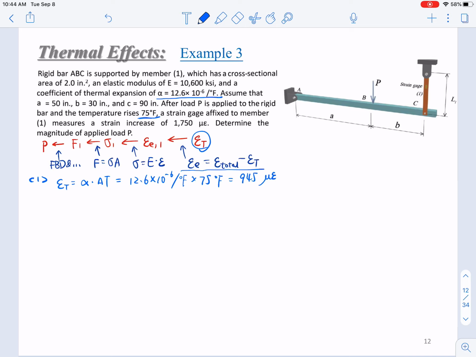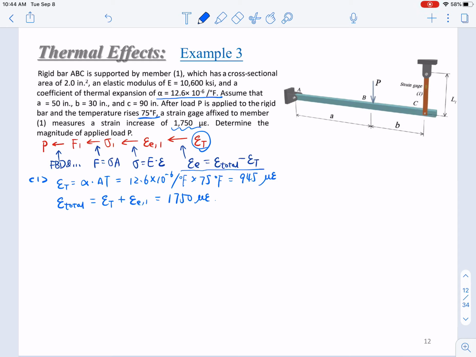Then the total strain has been given. That is the sum of the thermal strain and the elastic strain, that is 1,750 microstrain.